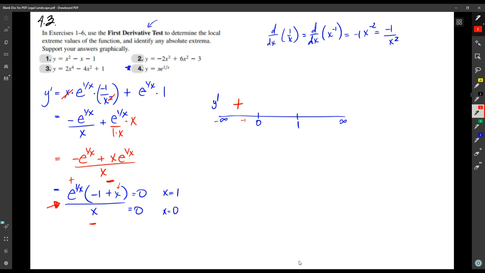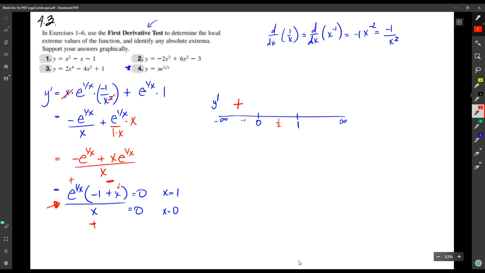Next, we'll look at the value of maybe 1/2 as a test value. If that goes into e to the 1 over x, we know that's still positive. If that goes into negative 1 plus x, we know that will be negative. And then if we go into x, we will have a positive value there.